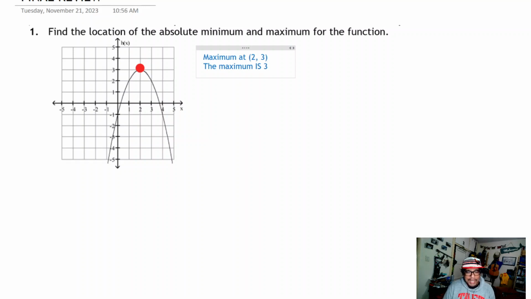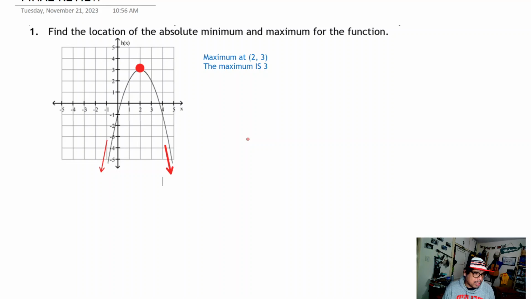Now notice that the maximum refers to the y-coordinate. So the y-coordinates have a maximum at 3. For the minimums, we can notice that this parabola actually continues going down. On the left side of the vertex, the y-coordinates continue to decrease, and that same thing is true on the right side of the vertex.